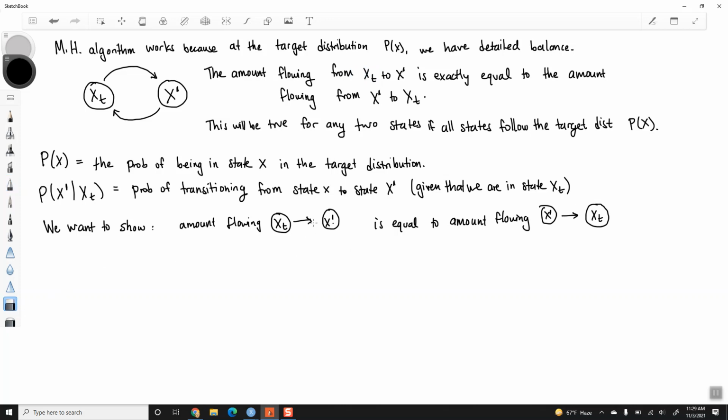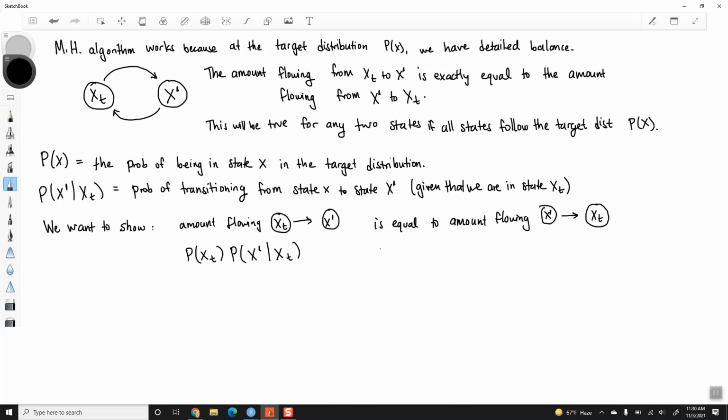The amount flowing from xt to x prime will be, first we have to start off at state xt, so the probability of starting in xt multiplied by the probability of transitioning to x prime given that we started in xt.